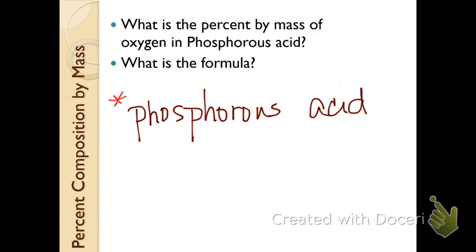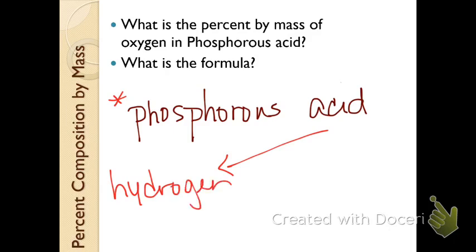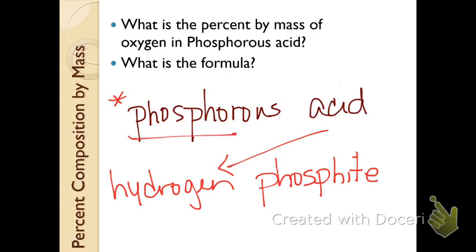So we know the acid, though, is going to be hydrogen. Phosphorous, you should know, means that it's an ite, so it's phosphite. And so hydrogen phosphite: hydrogen is a positive 1, phosphite is PO3 negative 3.